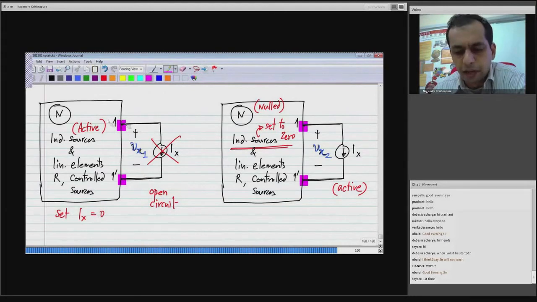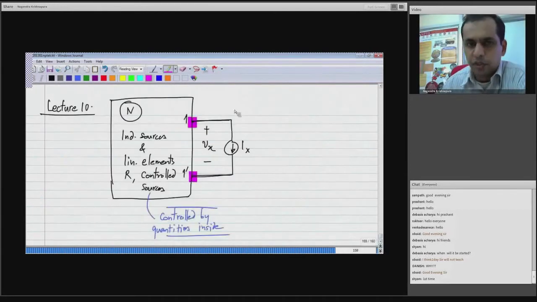Next, I will set all the independent sources inside to 0. That is known as nulling the circuit. Then I will analyze the circuit with Ix alone, so Ix is active in this case. Clearly by superposition, when everything is acting, that is, the load represented by Ix plus all the independent sources inside the circuit, you will get a certain value of Vx.